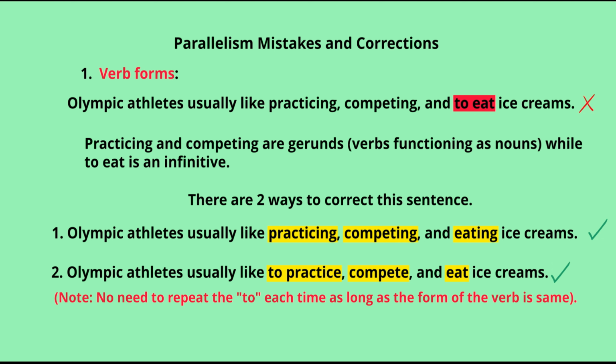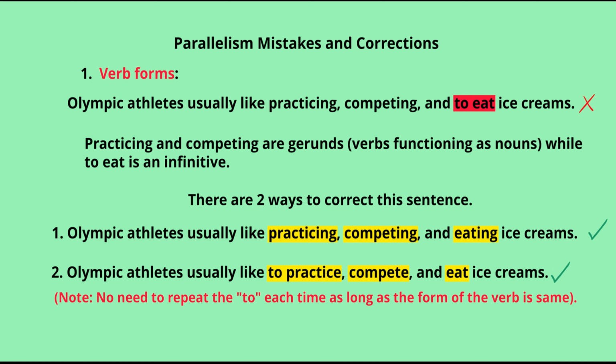So they are not structurally and grammatically the same. They don't match. So what do we need to do? We need to correct that. There are two ways to correct this sentence. One, Olympic athletes usually like practicing, competing, and eating ice creams. So we have changed to eat to eating, and that becomes a gerund.